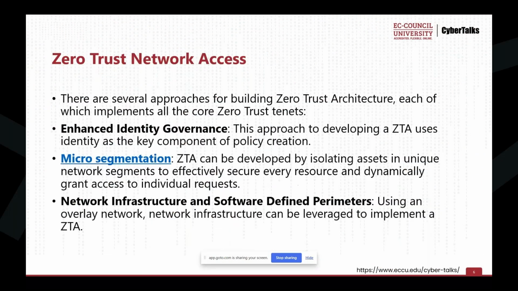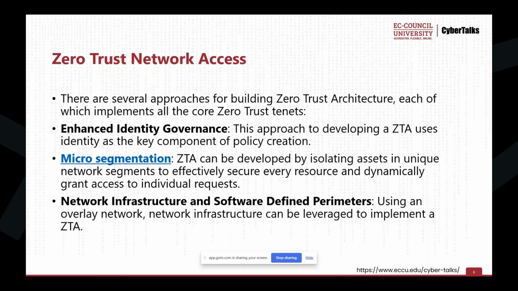Enhanced identity governance. I don't know if some of you are familiar with what identity governance does or not, but identity governance and administration is a key component of identity and access management, where you actually go through your lifecycle management, you go through your provisioning, deprovisioning process, you go through user access certifications. So all those things are a part of your identity governance process.